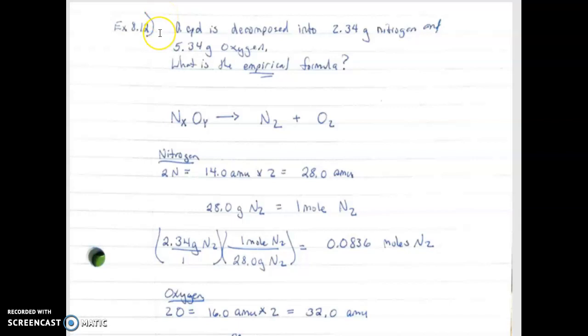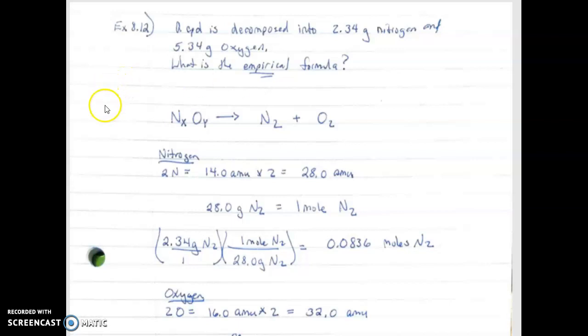So an unknown compound that you're working with in the lab is decomposed, meaning broken down into its constituent elements. And what they found is that there are 2.34 grams of nitrogen and 5.34 grams of oxygen when they do this decomposition reaction. And the question then asks, what is the empirical formula? So what do we know from this information?